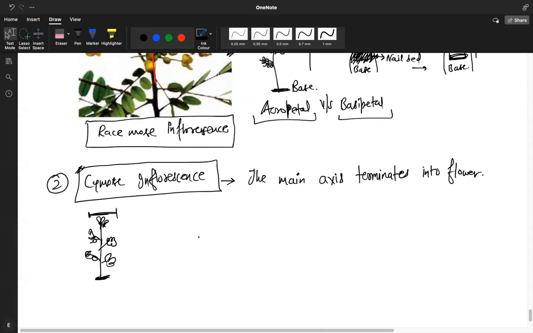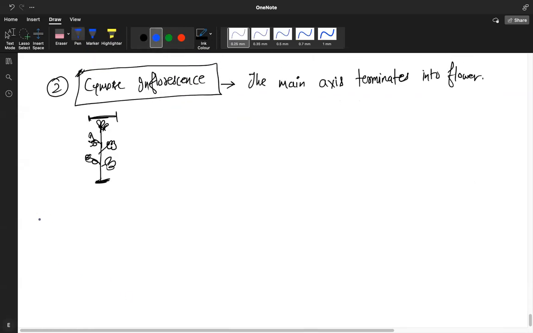Okay, very well. Now let's come to a single flower. Let's talk about a single flower. And this is going to be a big topic because we have to learn a lot of things about the flower. Now, what is a single flower?